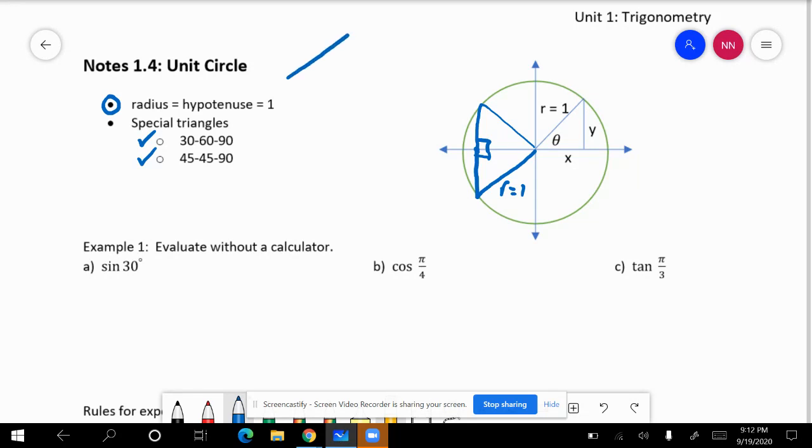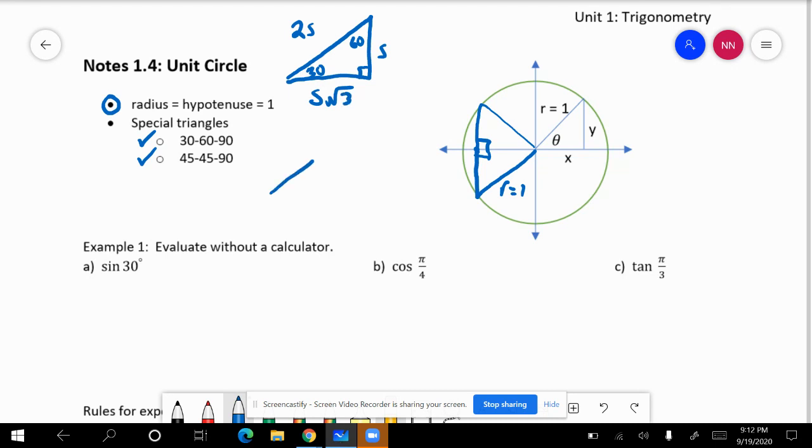Now, if we remember a 30, 60, 90 triangle, the 30-degree side we call S, the 90-degree side is 2S, and the 60-degree side is S rad 3.